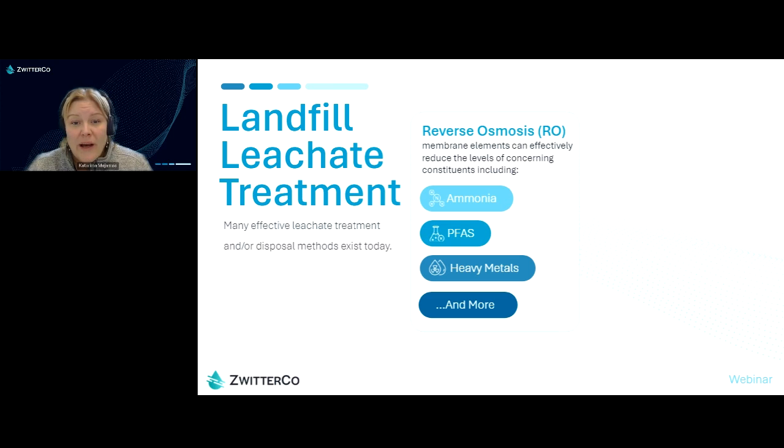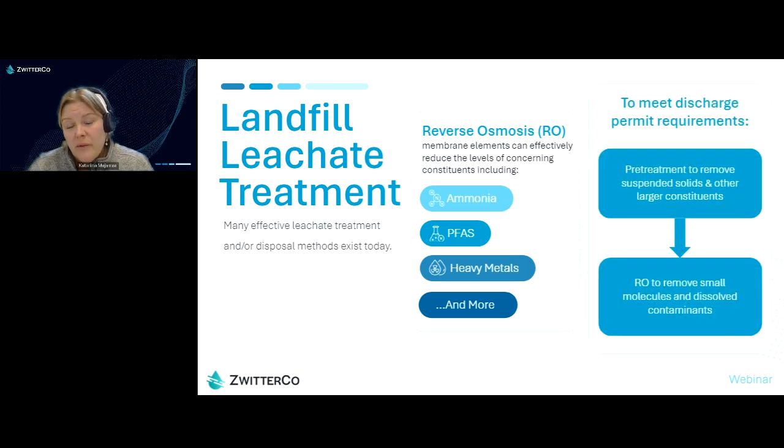This also includes removing or reducing the levels of concerning constituents, including nutrients such as ammonium, nitrogen, or phosphorus, heavy metals, and emerging compounds like PFAS. Whenever RO is utilized, the pre-treatment step is always needed to remove the suspended solids, and that is something that is a must with any RO treatment.